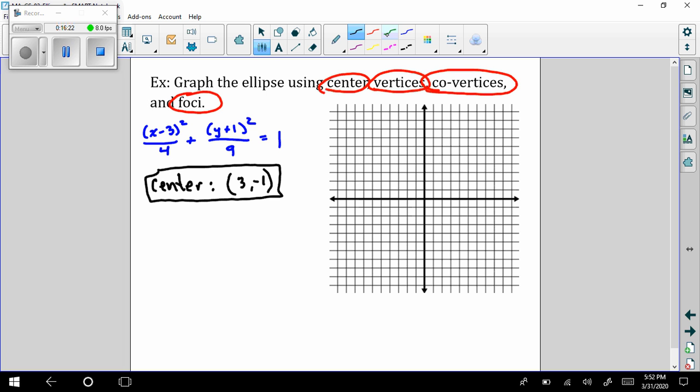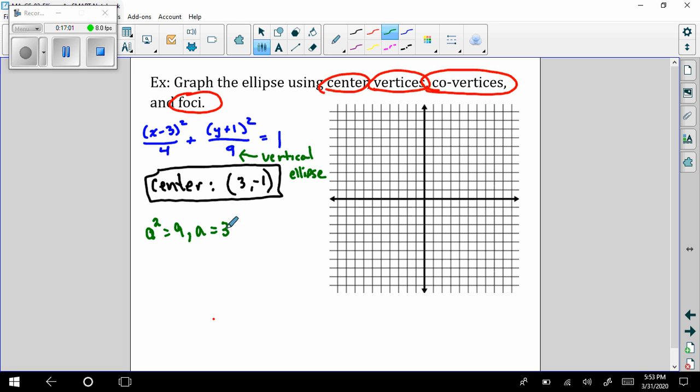Okay, so the second thing I can find is, is this a horizontal or a vertical ellipse? Since this is my largest denominator and it's sitting underneath the y term, this is a vertical ellipse. So from there, I know that 9 is the a squared value. So I know a is equal to 3.